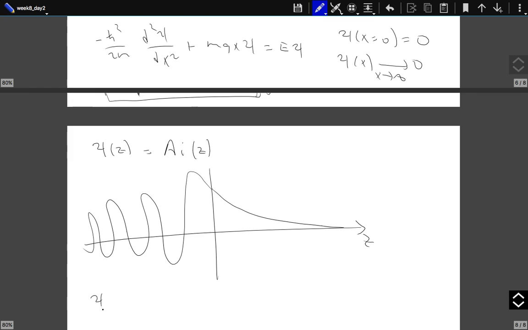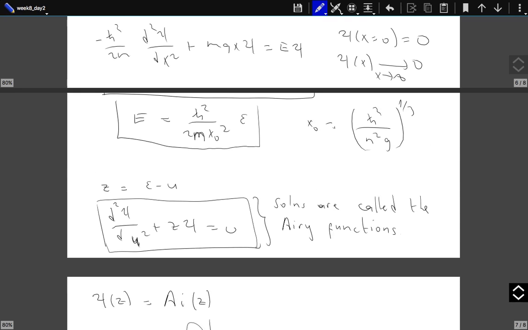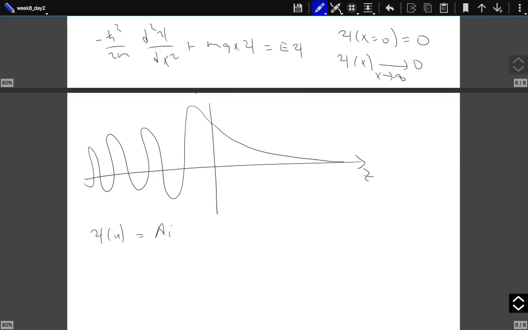So psi of u, this is Ai, and keep in mind that z is just epsilon minus u. This is my psi of u. And I have a boundary condition. X equal to 0 just means u equal to 0. So my boundary condition tells me that psi at u equal to 0 should be equal to 0.